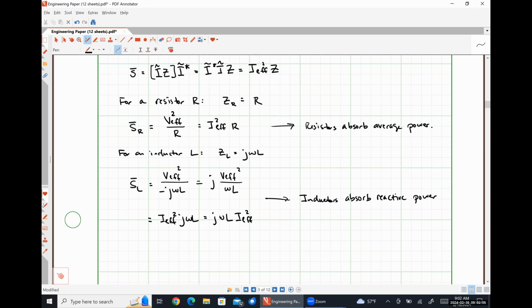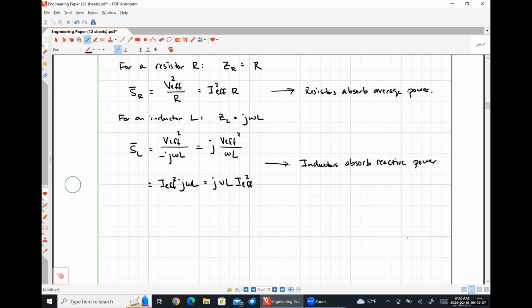And lastly, we'll look at capacitors. So for a capacitor, our impedance is 1 over J omega C, or we could choose to represent that as negative J divided by omega C, which is what I'll do.